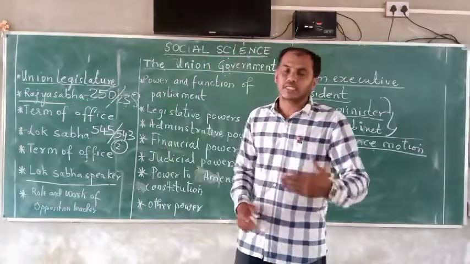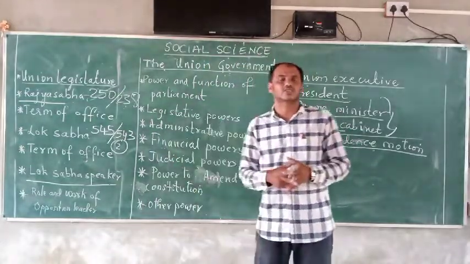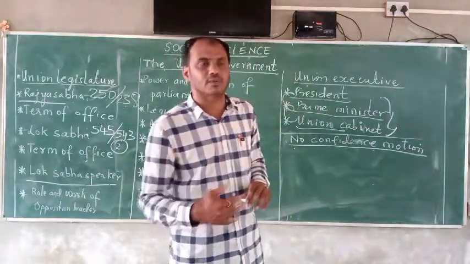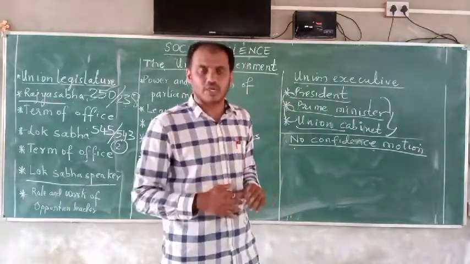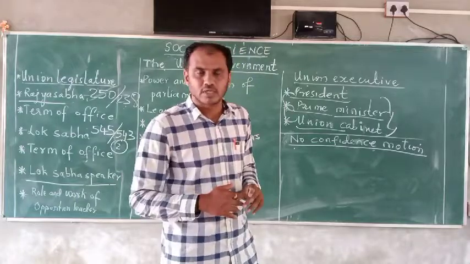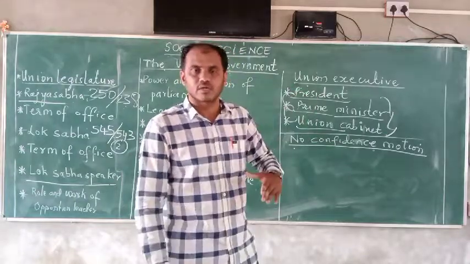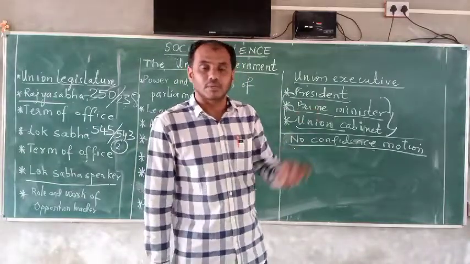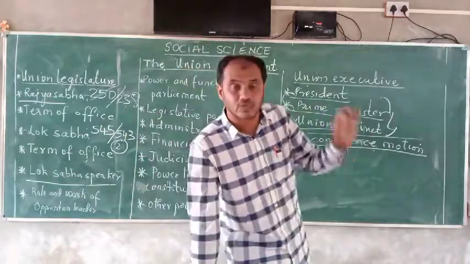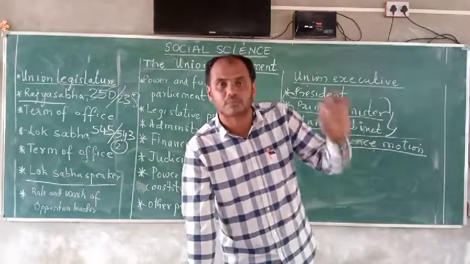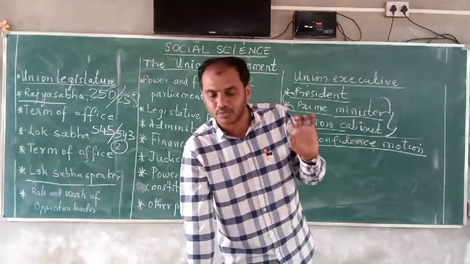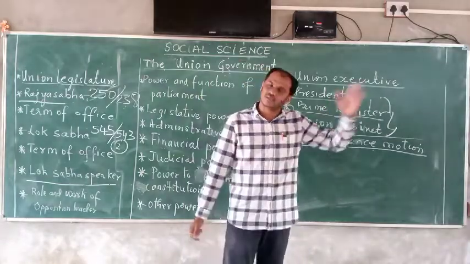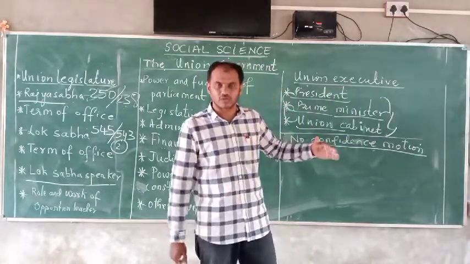Sometimes multiple parties join hands together and run a government. If any person resigns from the government or as a Lok Sabha member, the majority will be reduced. At that time, the Prime Minister and Union Cabinet have to resign from that post. The same thing goes on in the state government.